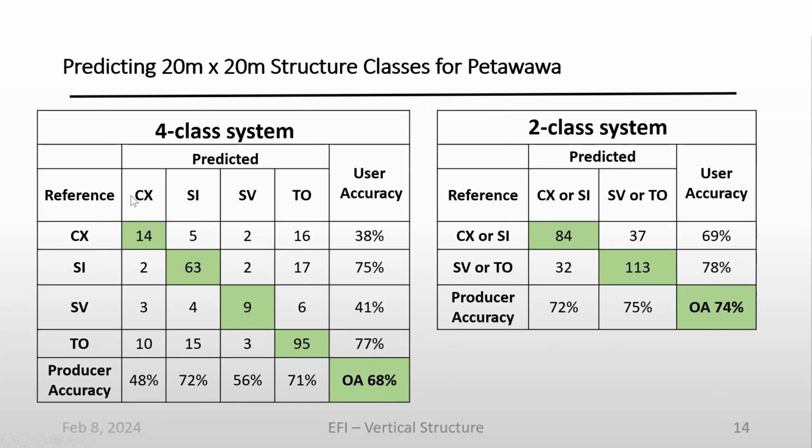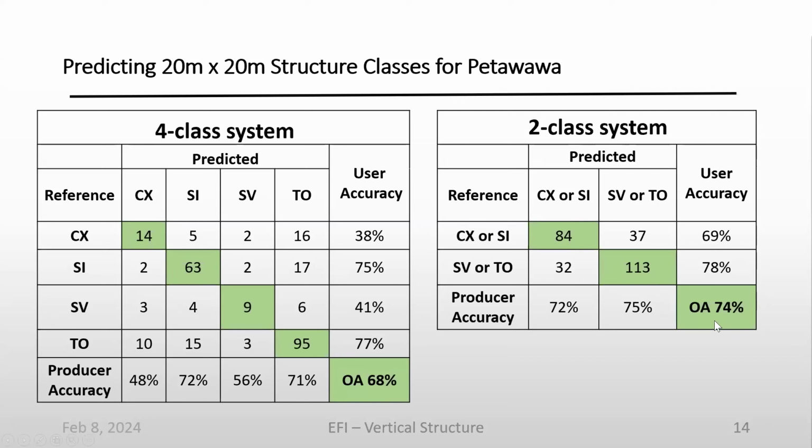But there's not that much difference. We considered both complex and single to be one layer. So if we misclassified complex as single, it wasn't that big of a deal. If we consider the top left four categories as being single, we can collapse that to a two-class system: single or two-tiered, and our overall agreement went up to 74%.